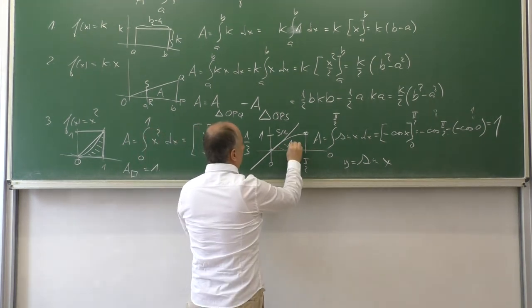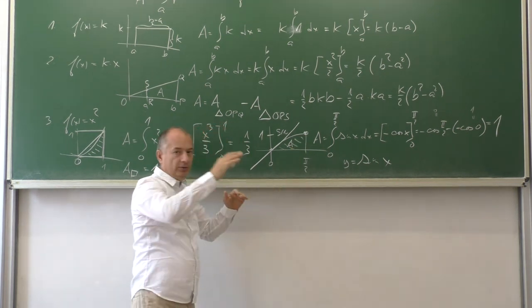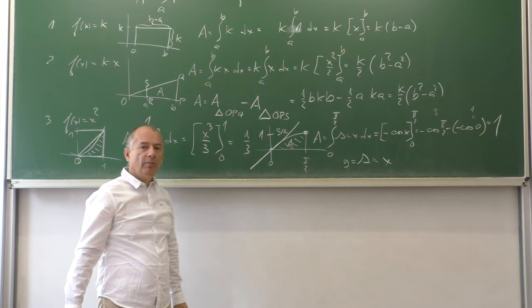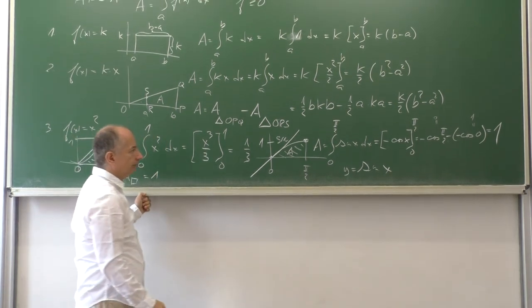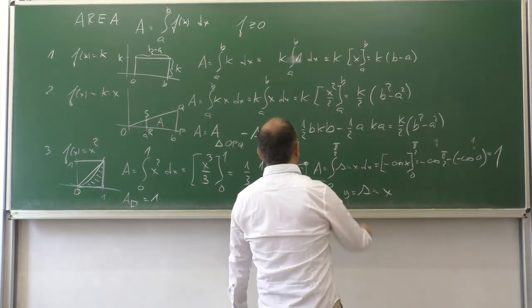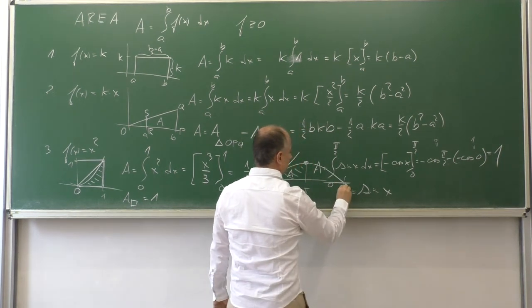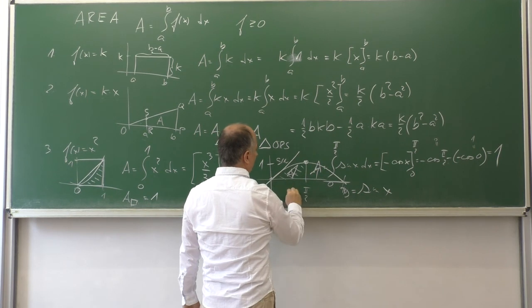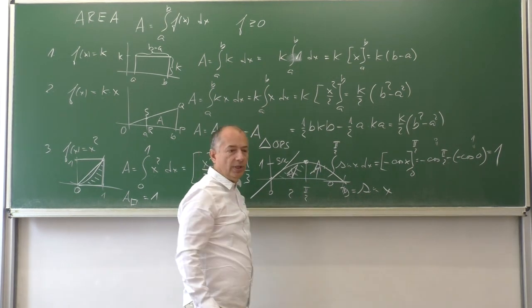And the area of the first half of this is equal to 1. This is good to remember. Well, and if you go on to pi, this is the same, so area 1 here, area 1 here, so the total area would be 2, that's natural.